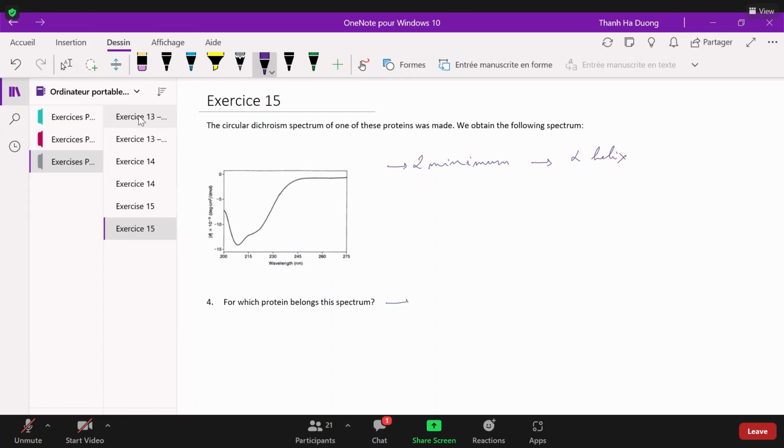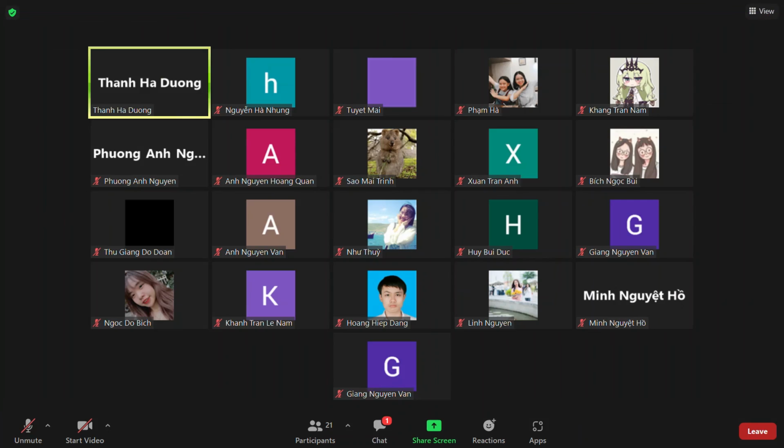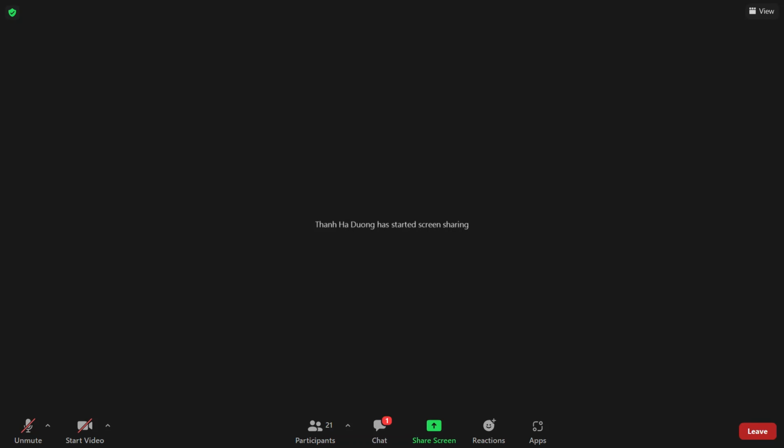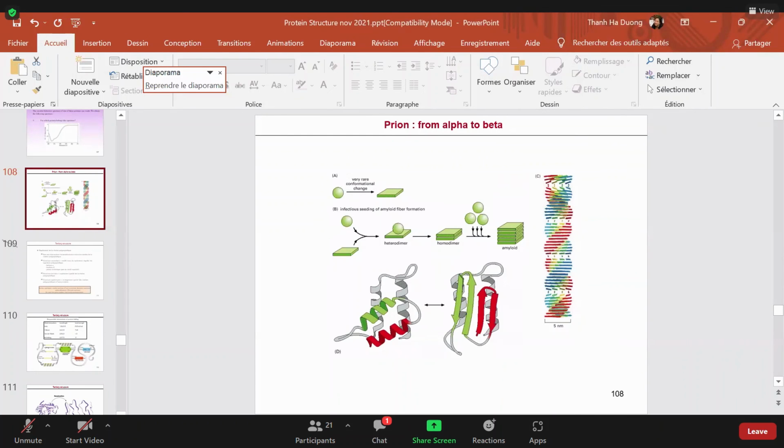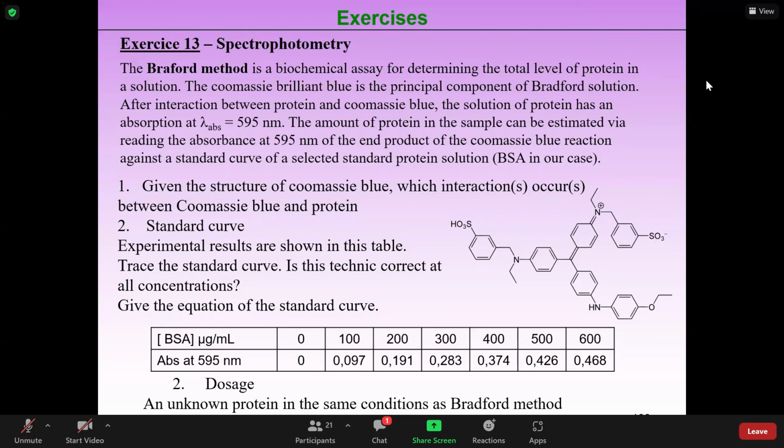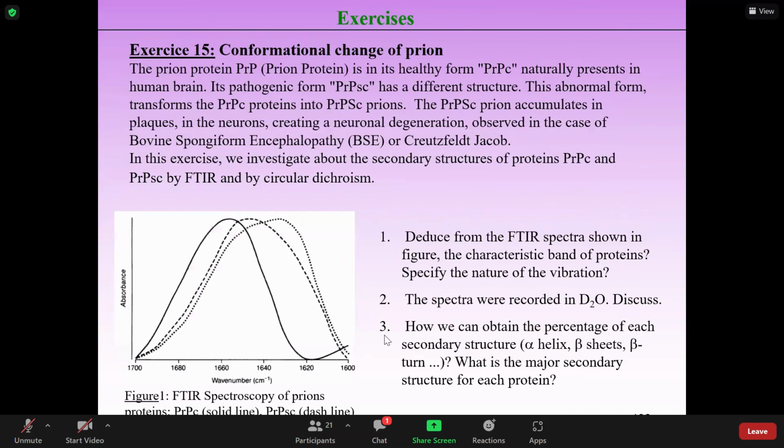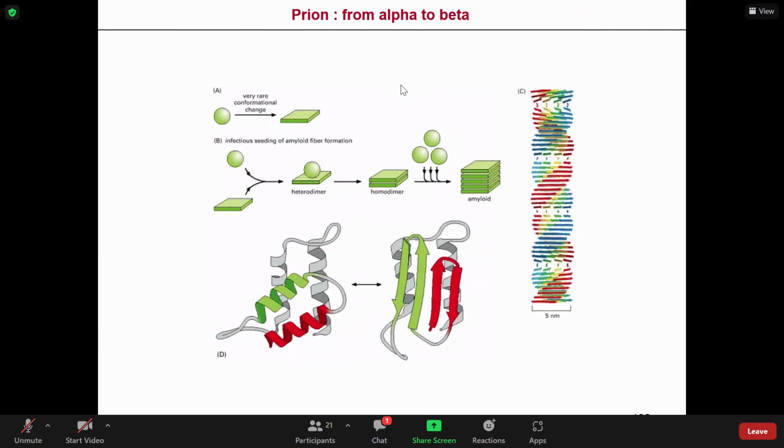So this corresponds to the PrPC protein. Can you see the slide of the prion? Yes.